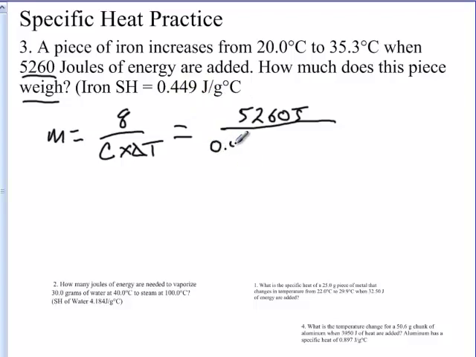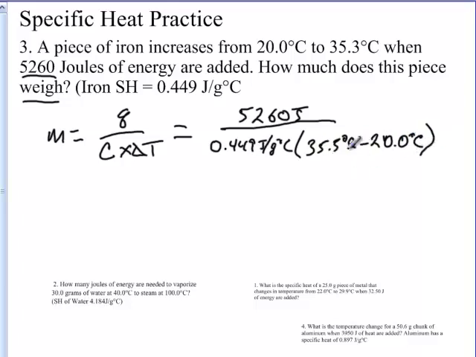So I'm going to put 0.449 joules per gram degree Celsius. Okay. And then I'm looking for my temperature change. It ends up, the final is 35.3 degrees Celsius minus 20.0 degrees Celsius. Okay.